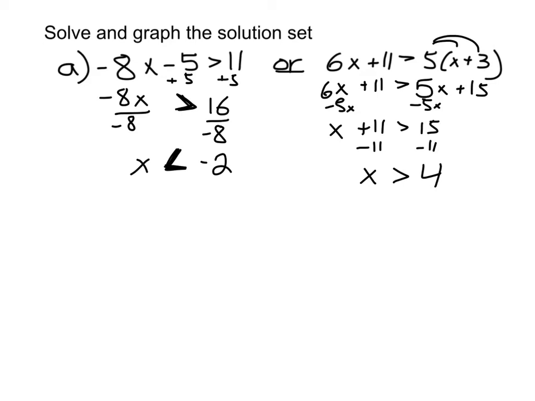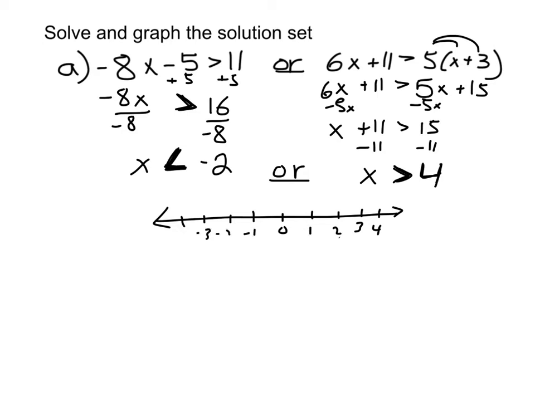Okay? Alright, so when I'm graphing this, x is less than negative 2 or x is greater than 4. So if I'm going to graph this, I'm going to do a number line here. Here's 0, 1, 2, 3, 4, and negative 1, negative 2, negative 3, negative 4.